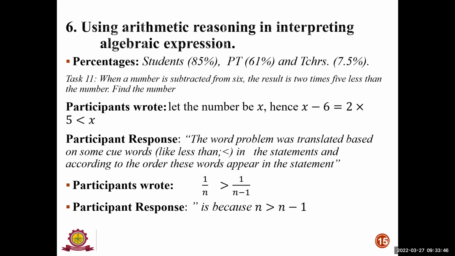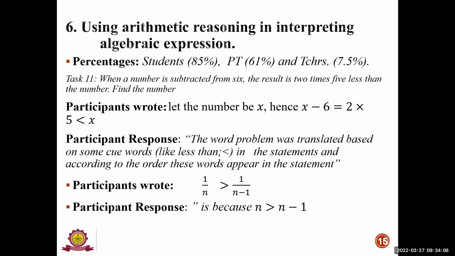Here, they use syntactic and static translation. The order in which the words appear is how the participants translated it. An example was the number x. The question was, when a number is subtracted from 6, the result is 2 times 5 less than the number. So the order in which the terms appear is how the translation was made.